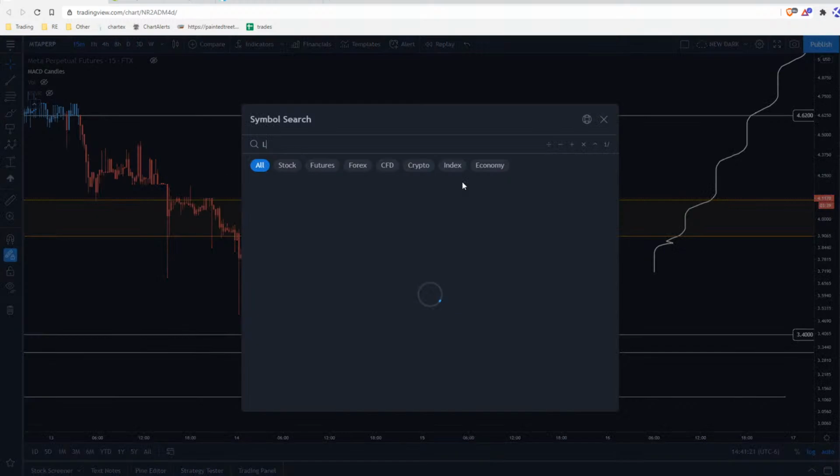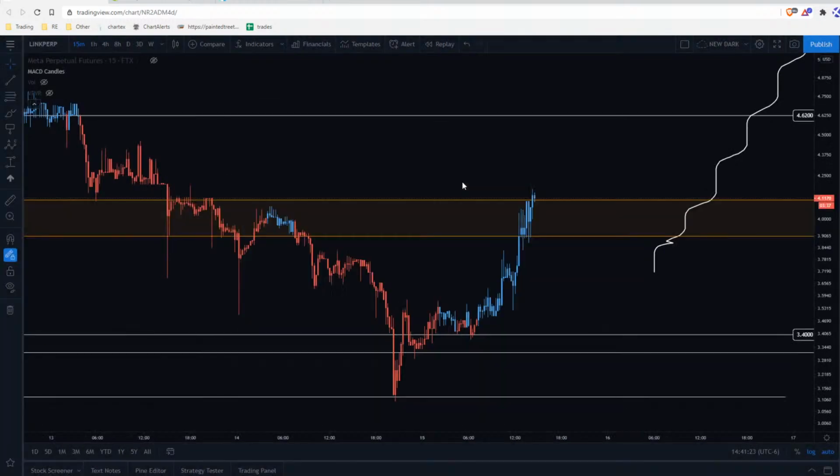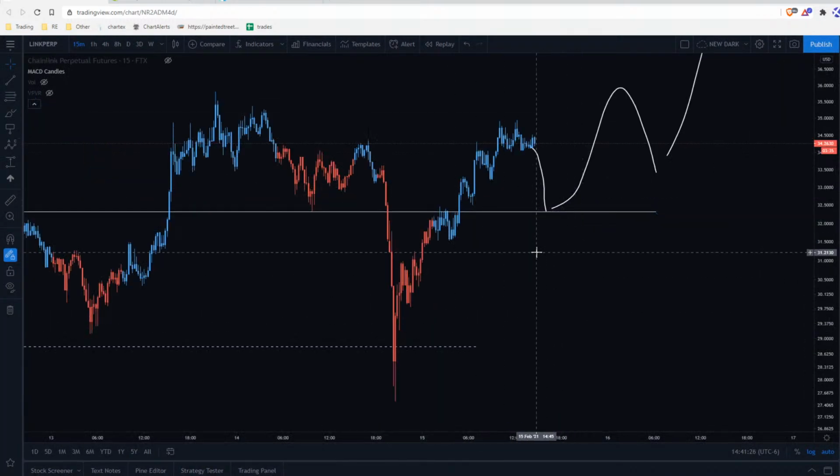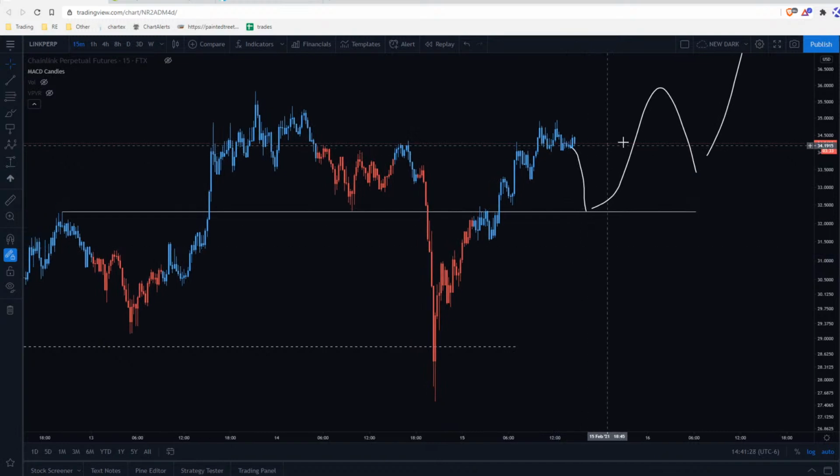I've got an add-on on Link that's not doing very well. Link also looks fine. If it comes down here, I lose too much money. I don't really think it's going to.